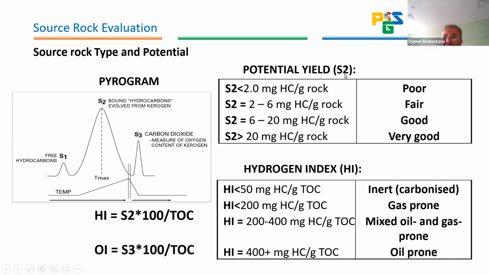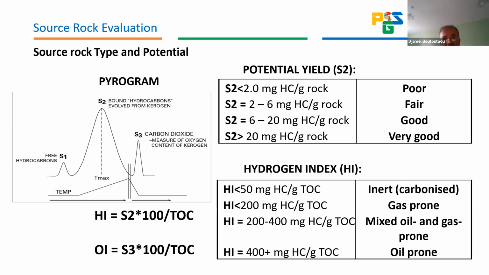So on the right side, when you have this information, what we are looking at most importantly is the source rock potential, the S2, which is the petroleum potential yield. When you have an immature source rock, it's actually the original source rock potential.